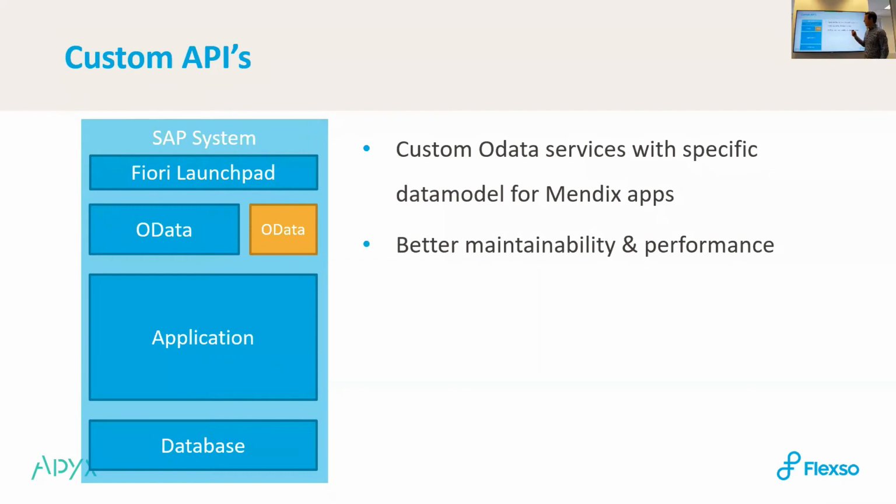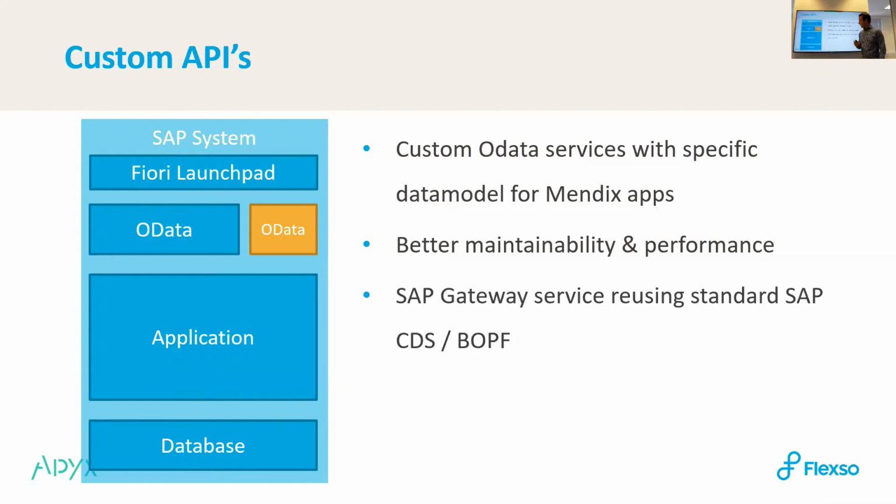This leads to better maintainability because each service is designed specifically for each Mendix application, and also to better performance because we can optimize the services specifically for that application. From a technical point of view, we do this by using standard SAP CDS and BOPF techniques, and this allows a flexible solution.